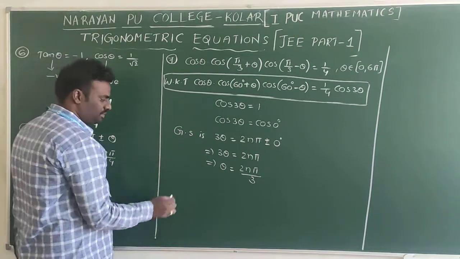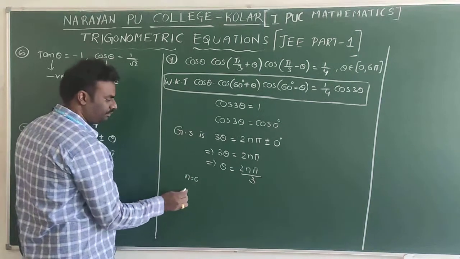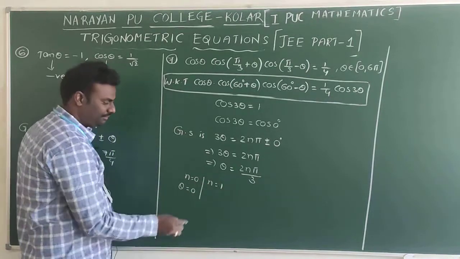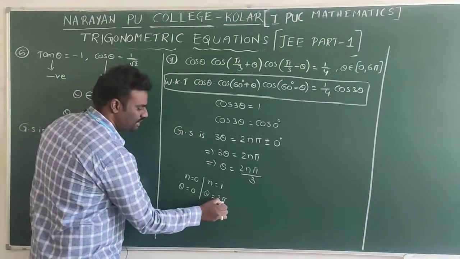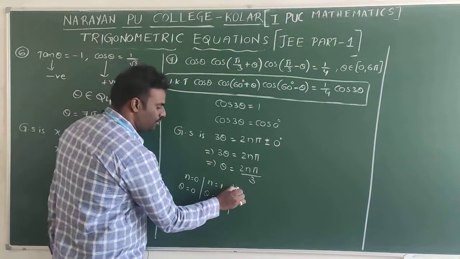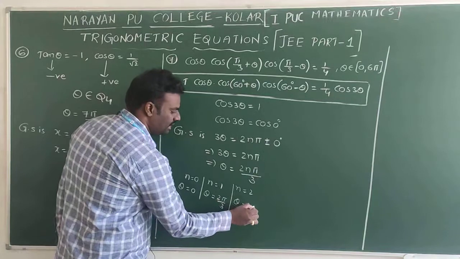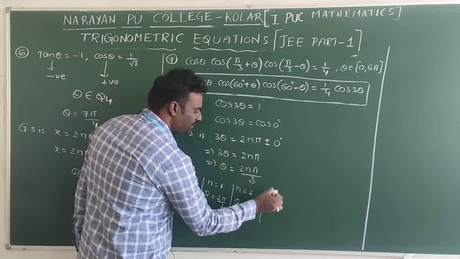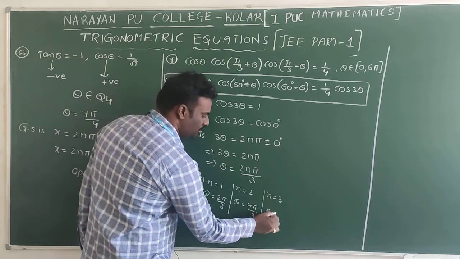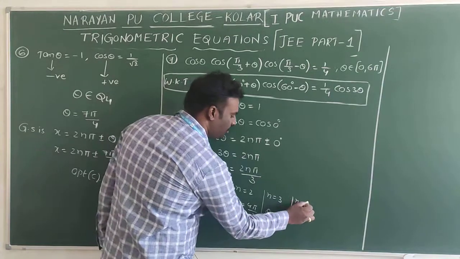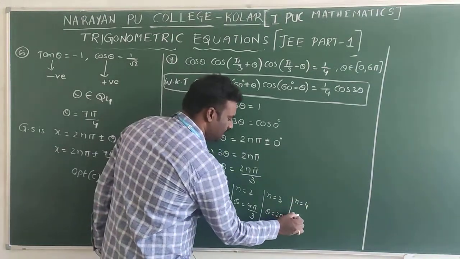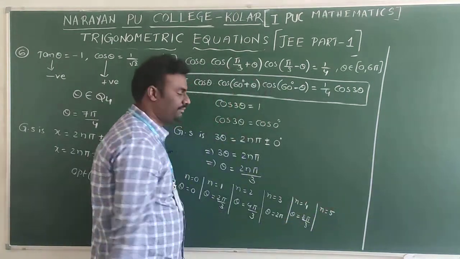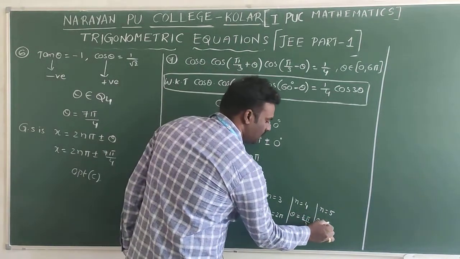Okay, now you can substitute one by one. If n is 0, theta value will be 0. If n is 1, theta is 2 pi by 3. If n is 2, theta is 4 pi by 3. If n is 3, theta is 2 pi. If n is 4, theta is 8 pi by 3. If n is 5, theta is 10 pi by 3.